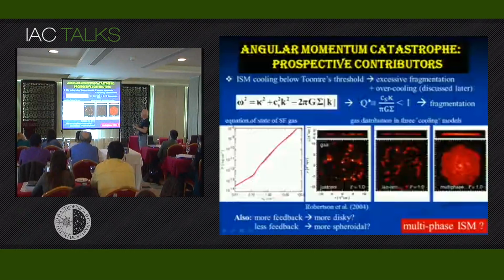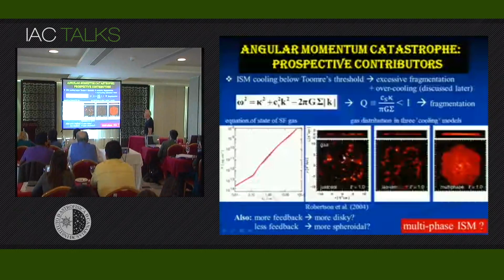And out of this relationship, one can immediately define the infamous Q parameter, which leads to star formation, say, when the Q is less than 1, or simply fragmentation.